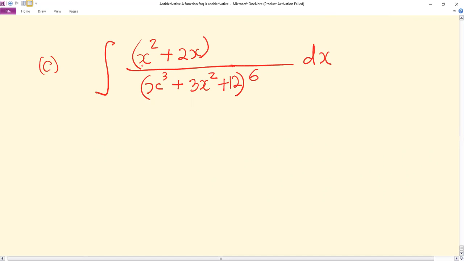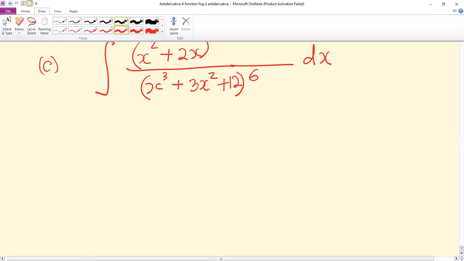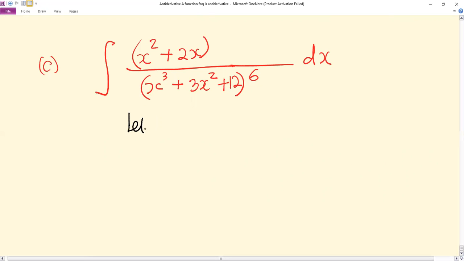Now, what we do in this integral, we fix the bracket in the denominator. So, solution.